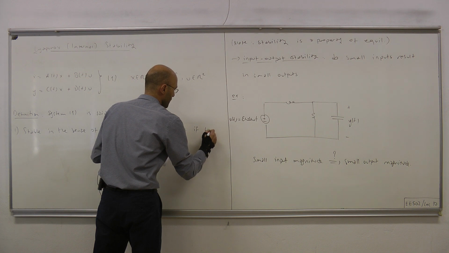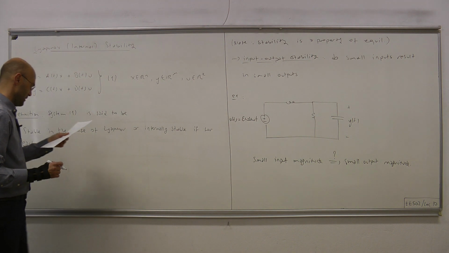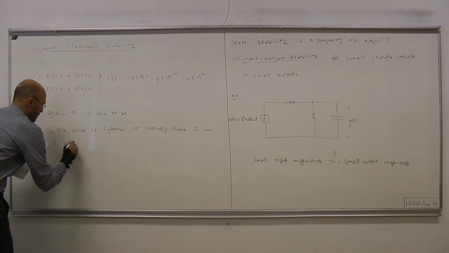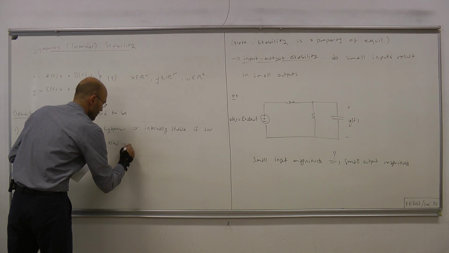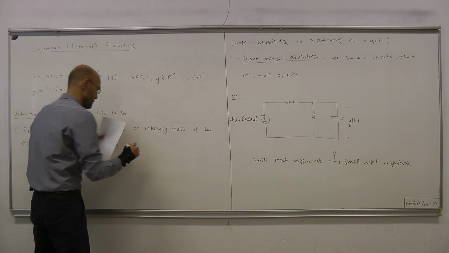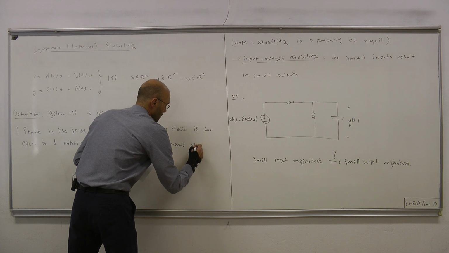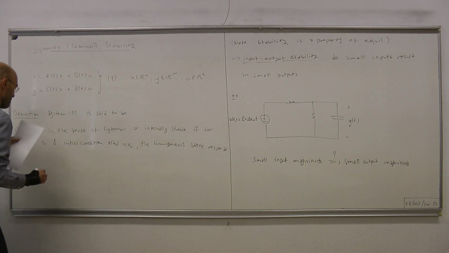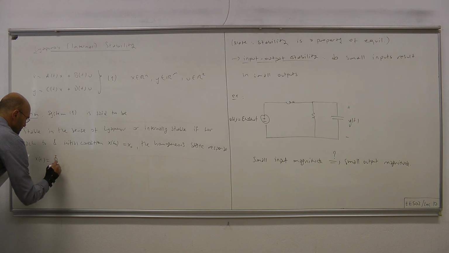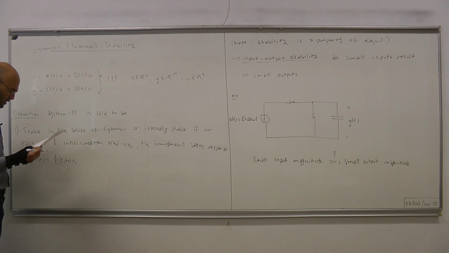If for each initial time indicated by t0 and initial condition x(t0) equals x0, the homogeneous state response x of t equals the state transition matrix times the initial condition is bounded.